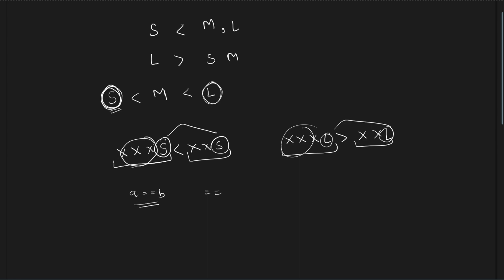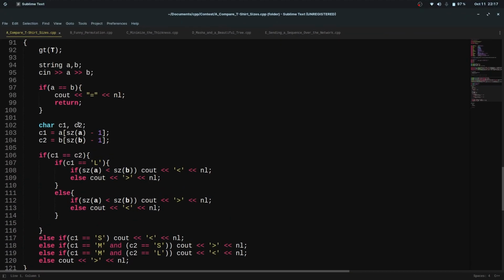If they both have L, then the more X, the greater it is. And for the remaining cases, if the first letter is S, then it will always be smaller. If the first letter is L, then it will always be bigger. So this is what we have to do in the code.